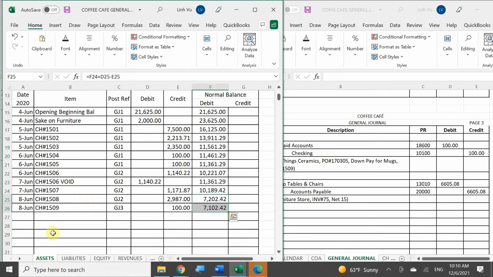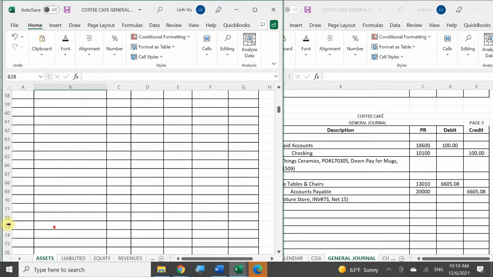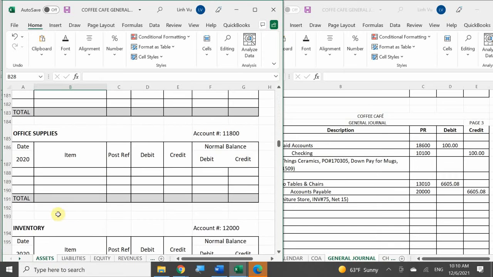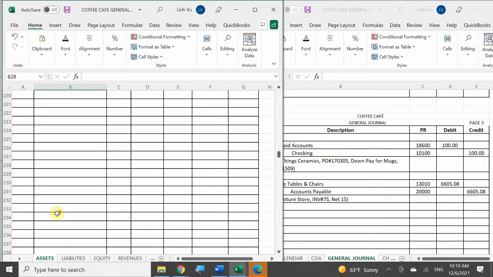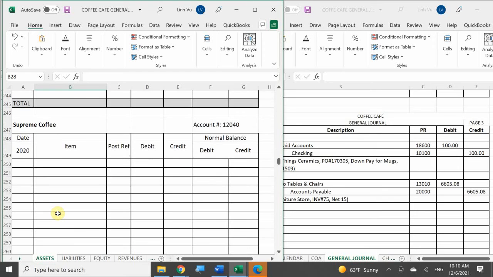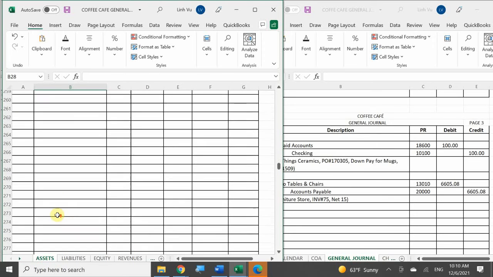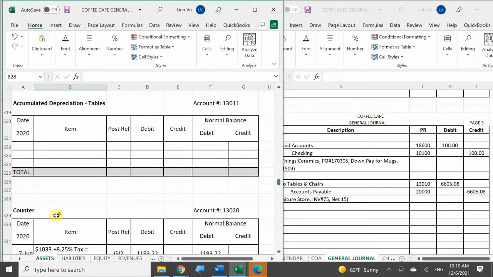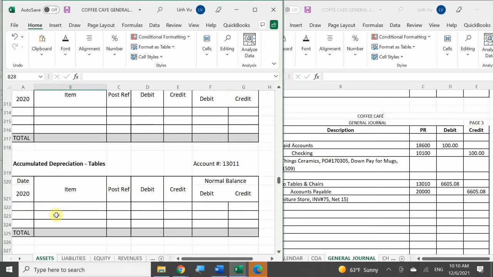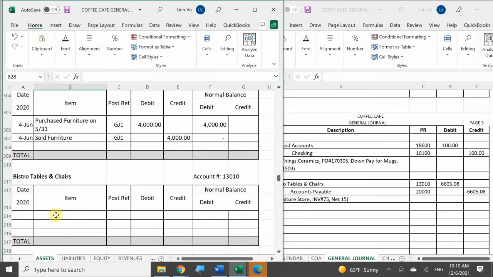Okay. So I acquired more assets. In this case, I got tables and chairs. Oh, here it is. Bistro tables and chairs. It's up to you what you want to put here. So in this case, I'm going to write 10 sets of 1 table and 2 chairs.